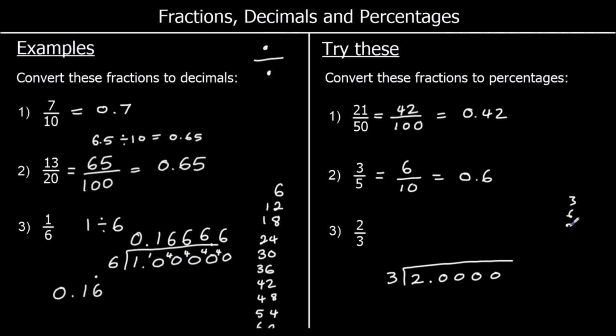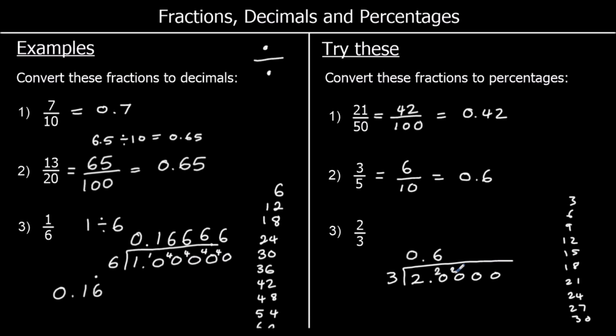Write down the 3 times table. How many 3's go into 2? That's 0. 2 left over. How many 3's go into 20? That's 6. 6 make 18.